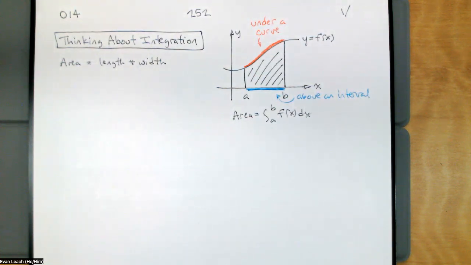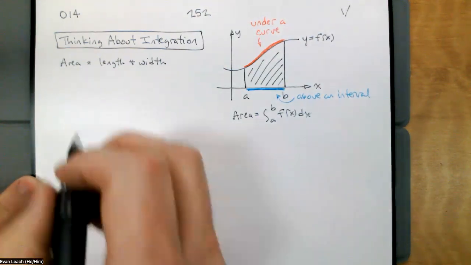If the length is variable, but not continuously so, then we just use a bunch of addition. We do any length times width when we can, and then just put plus signs in between all those areas. But when our length is continuously variable, that's when we have to integrate. This is one of the things that integration is for. Integration is multiplication, but one of the factors is continuously variable.